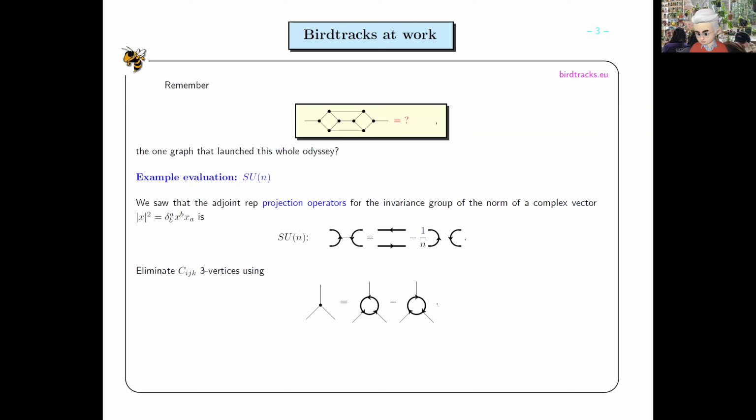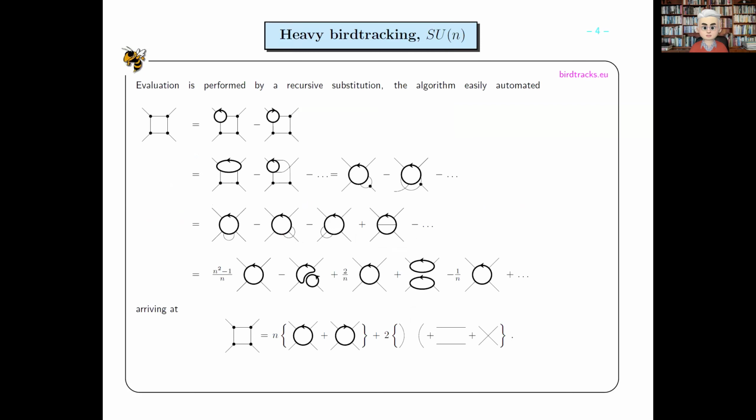We don't mean quark. The way computations in Birdtracks work is that it's an algorithm. You replace that guy here by a loop, then you use the identity of the projection operators: whenever you see this, you can replace it by this minus the trace.